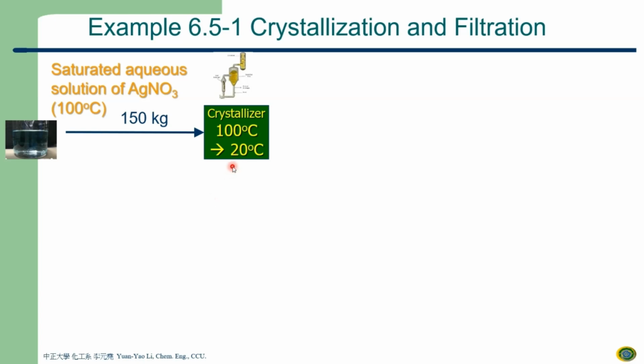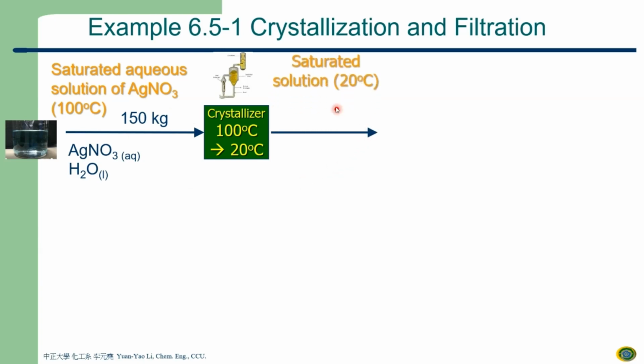So you decrease from 100 to 20, and you feed 150 kilograms per hour, for example, of this solution into this process, and then you come up with what? Saturated solution together with what? Solid. So you have solid silver nitrate, and you have liquid silver nitrate.